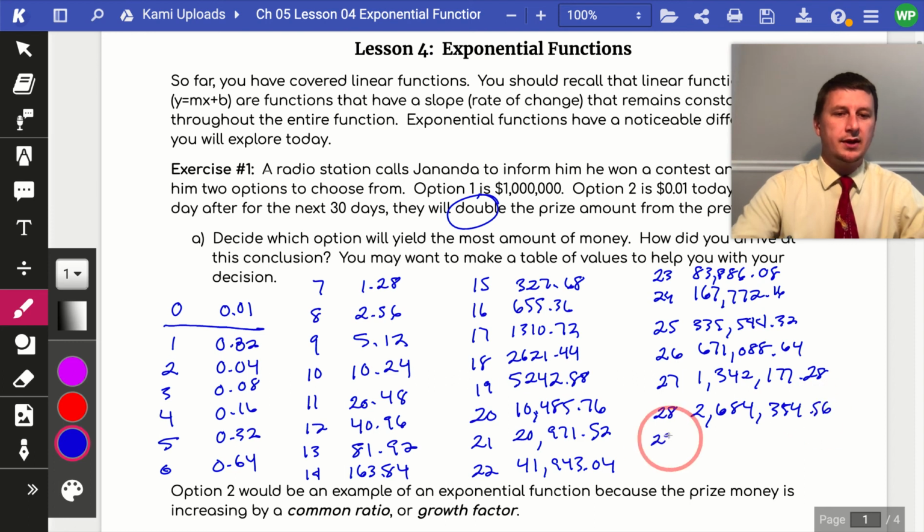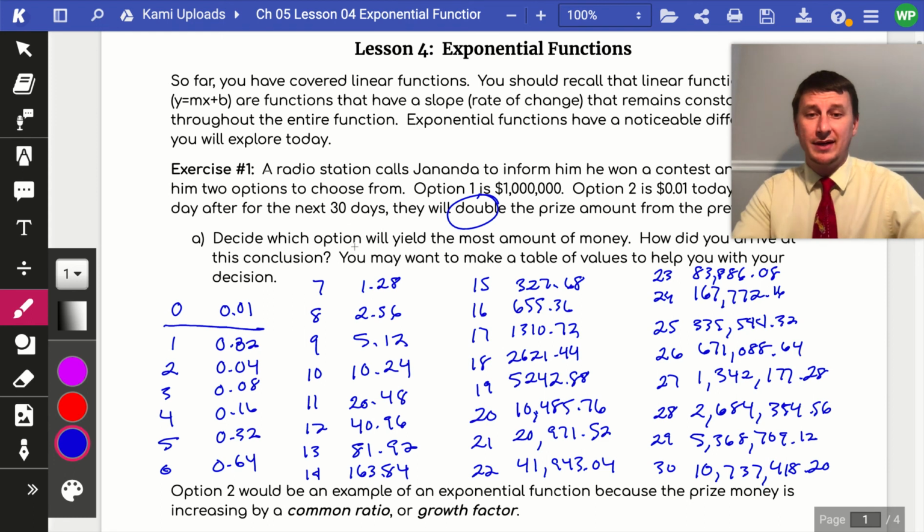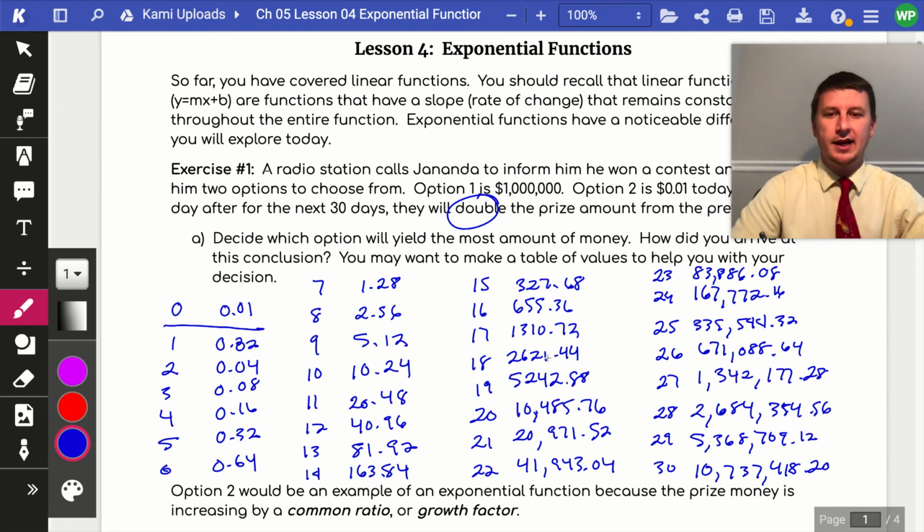After the 28th day, we're going to have $2,684,354.56. The 29th day, we're going to have $5,368,709.12. And finally, after 30 days, they're going to give us $10,737,418.20 plus all the amounts before this, which is going to be a lot more than just $1 million.